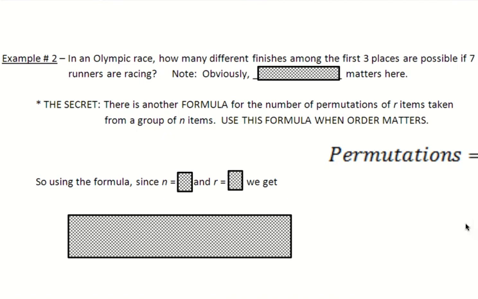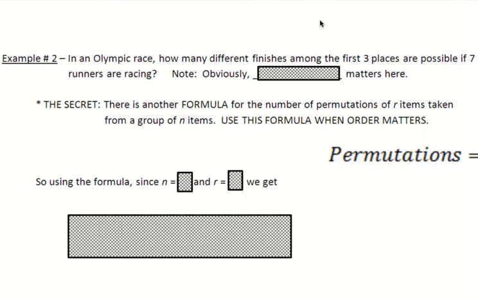But an example for permutations, like in an Olympic race: how many different finishes amongst the first 3 places are possible if 7 runners are racing? 7 lanes, 7 runners, and how many different ways could you award gold, silver, and bronze in this Olympic race?